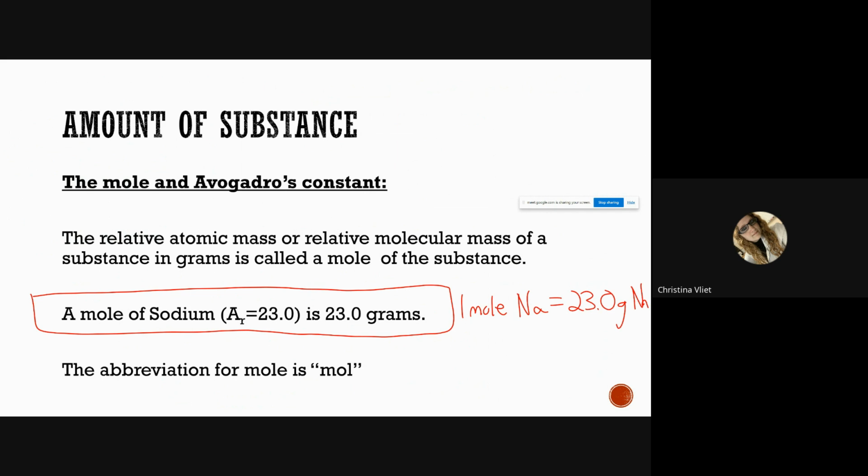We can figure out, oh, that's how many I have for a particle. Funny thing here, the abbreviation for mole is MOL. This is the short version of the word mole.